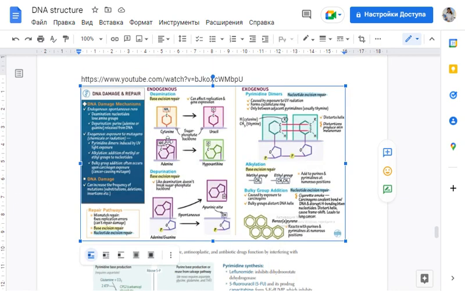So the deamination reaction occurs when there's DNA metabolism or when there's DNA damage, in order to repair. We have two types of DNA damage by etiology: endogenous or exogenous.